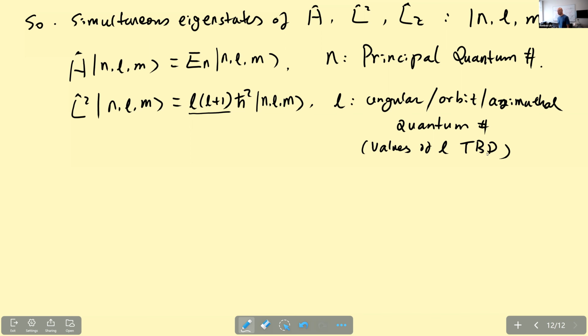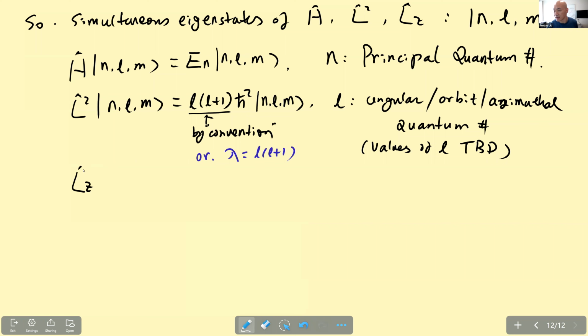At this point, by convention, we just write this as l times l plus 1. Later on, you're going to see why it is l times l plus 1 and not something else. But in general, you can just write this as lambda, and if you give the eigenvalue lambda, you can solve for l. So it doesn't really matter.